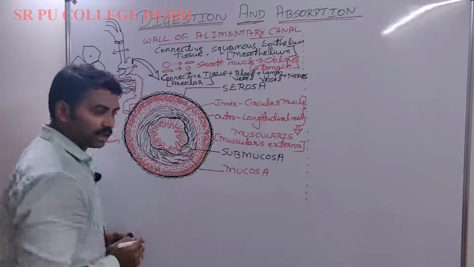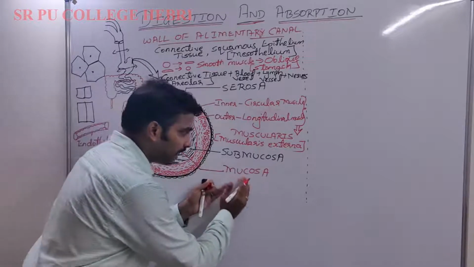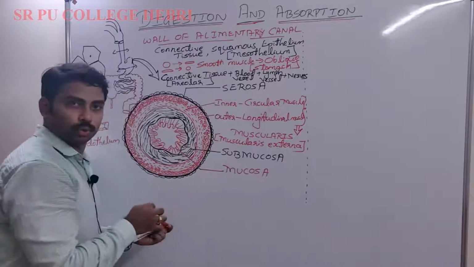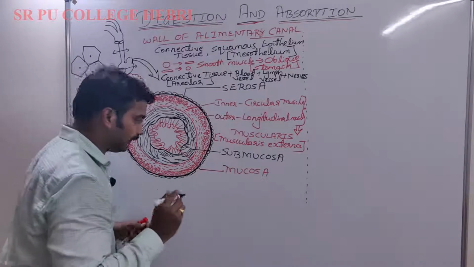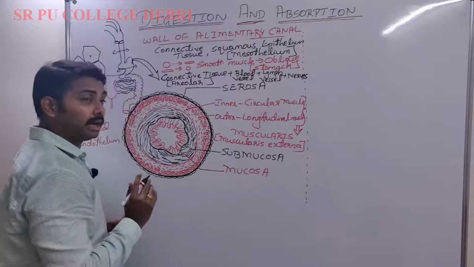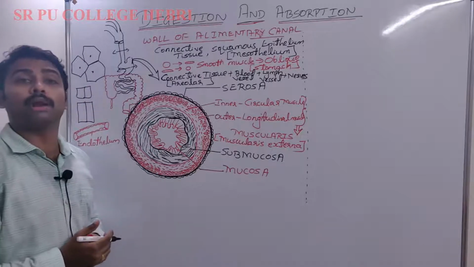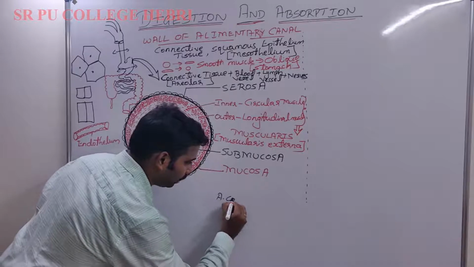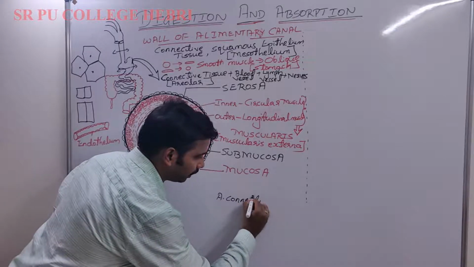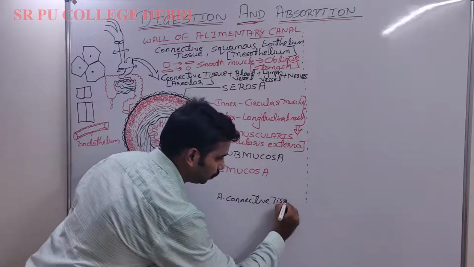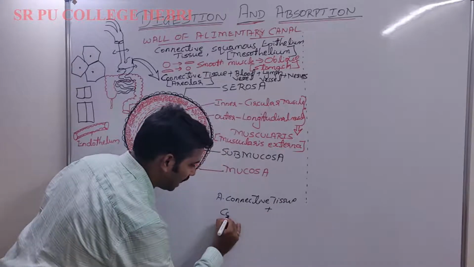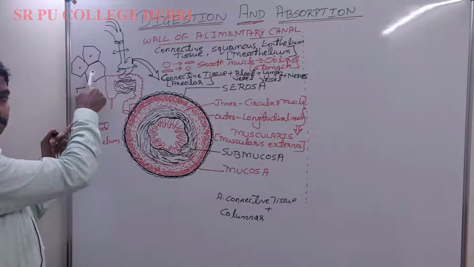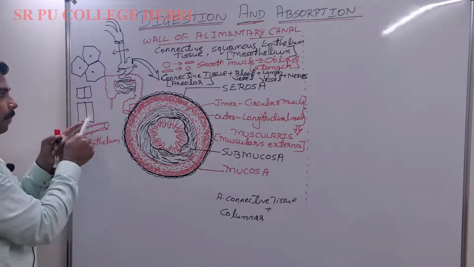This mucosa is again made up of, you can note down, areolar connective tissue. Okay, areolar connective tissue along with epithelium, columnar epithelium. I will write. It is made up of areolar connective tissue plus what? Epithelium. Which epithelium? Option 1 squamous, option 2 cuboidal, option 3 columnar.